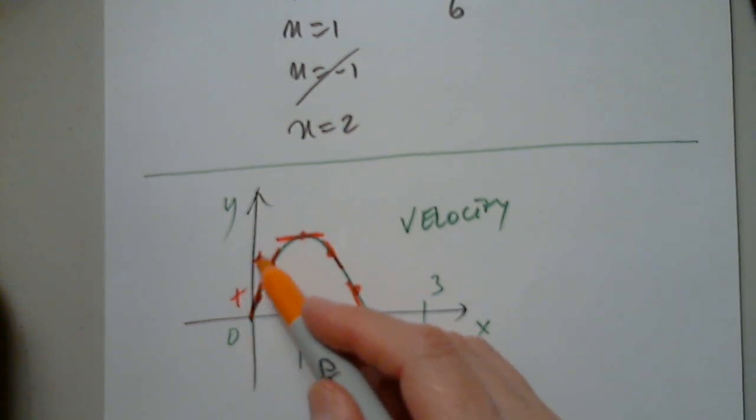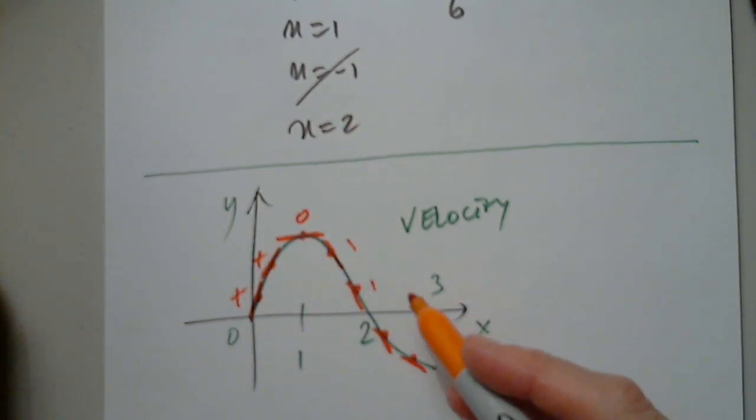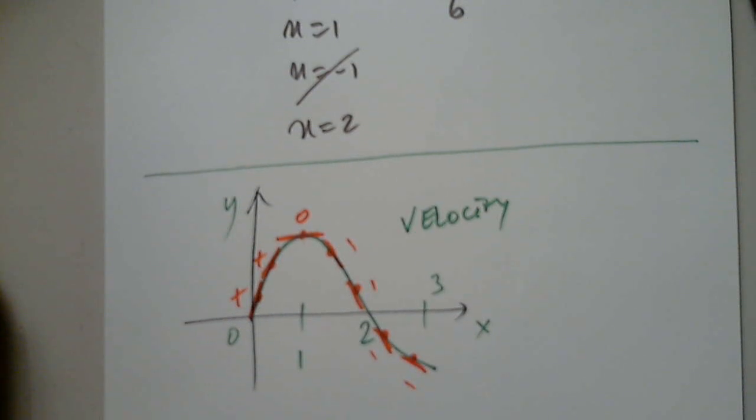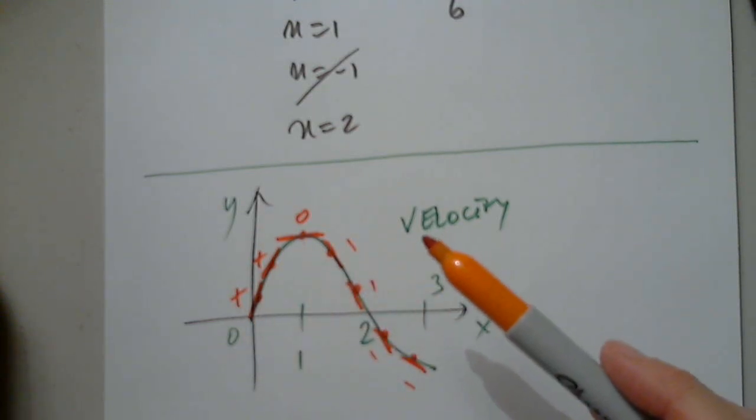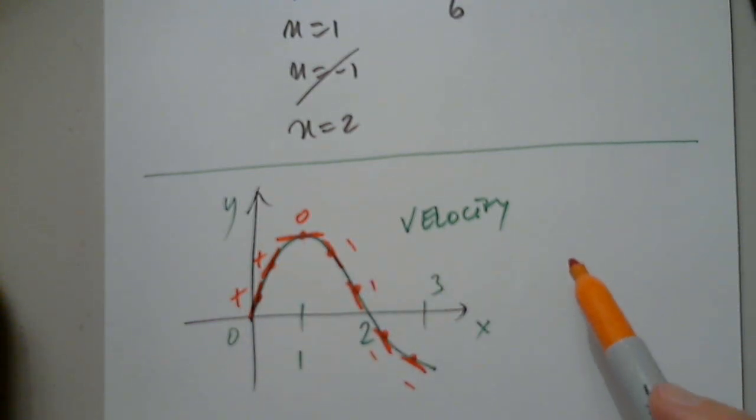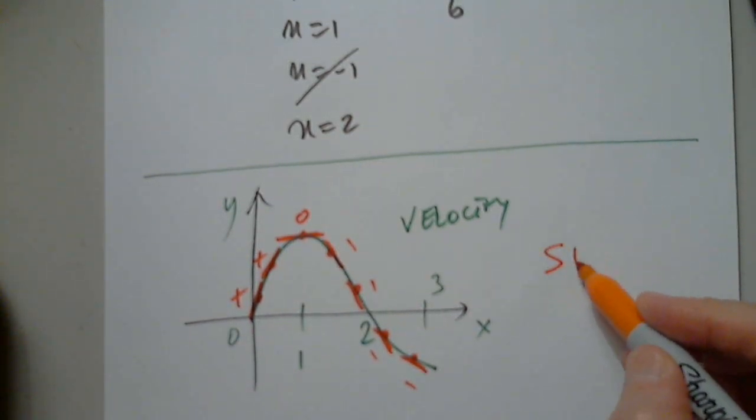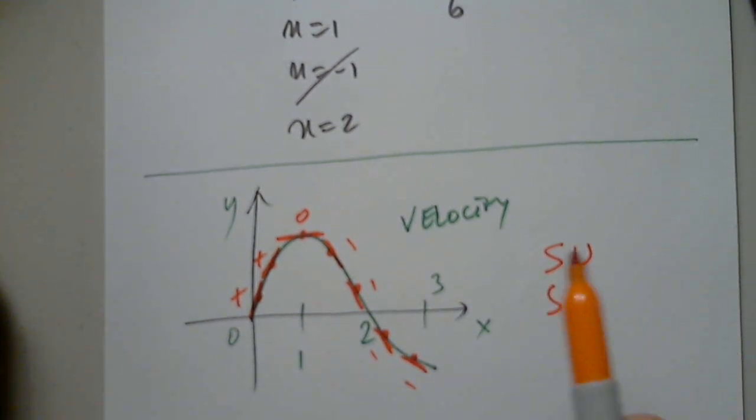So here it's positive, positive, here is 0, but here is negative, negative, negative, right? And the question is, we're asked again, when is the particle speeding up? When is the particle slowing down? Speeding up and slowing down.